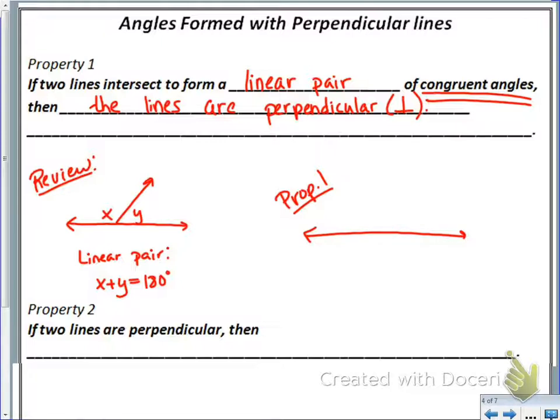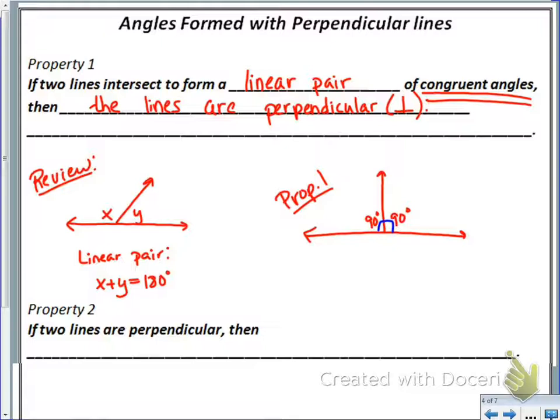Well, the only angle measure that would work would be a pair of angles that were each 90 degrees, because any other congruent relationship would not add to be 180. So we know according to this that these two angles are a linear pair of congruent angles. So our conclusion is that these two would be perpendicular. And as we know about perpendicular, they form right angles.